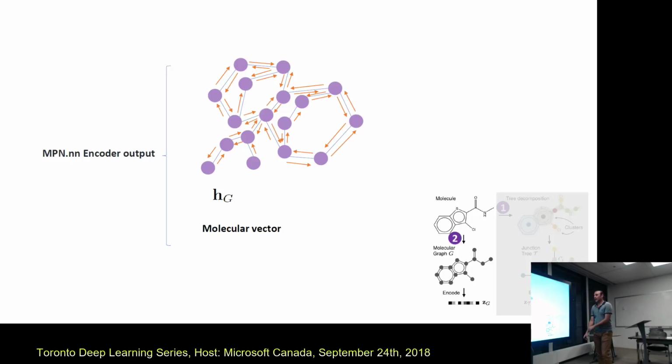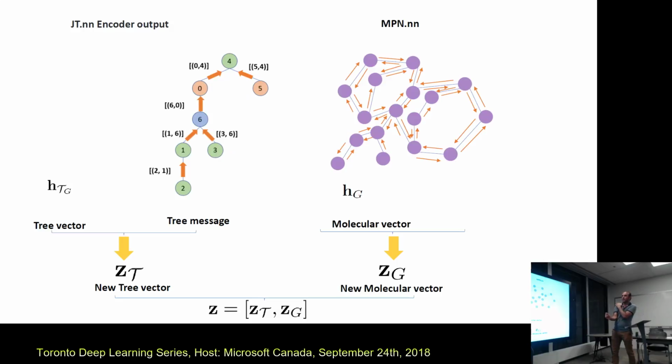Okay, so we ended up creating the final results for the molecular graph, and those were the molecular vectors. What do they do next? We ended up with molecular vectors on the side of the molecular graph and tree messages and tree vectors for our junction tree encoder.